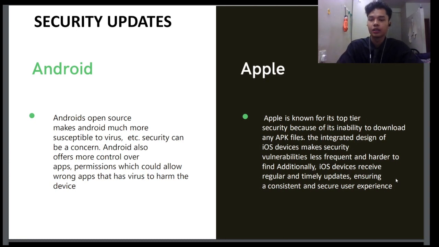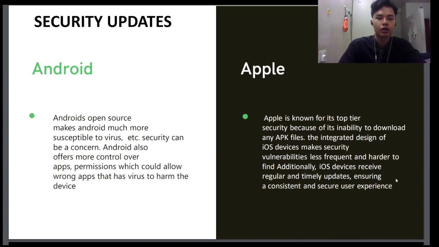Now for security updates. Android's open source nature makes it much more susceptible to viruses, so security can be a concern. Android also offers more control over app permissions, which could allow users to download the wrong apps that have viruses that can harm the device. Whereas Apple is known for its top-tier security because of its inability to download any APK files.